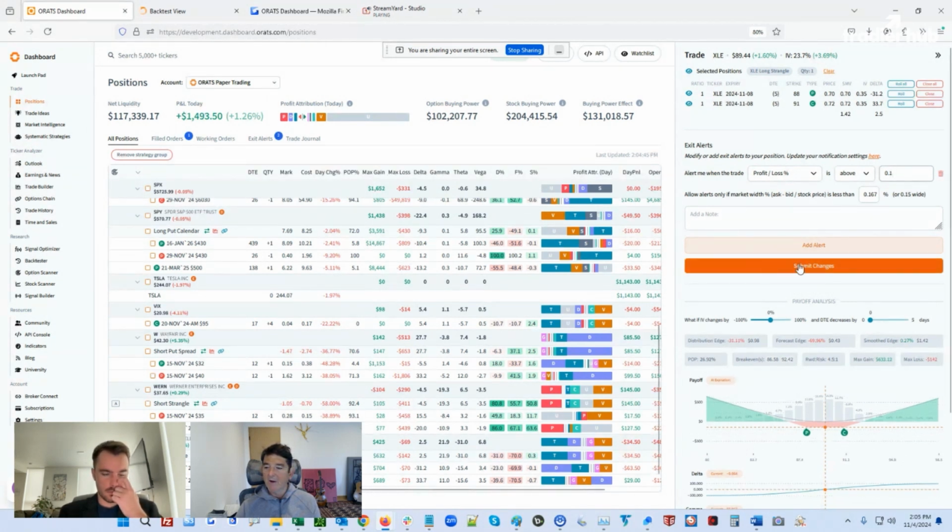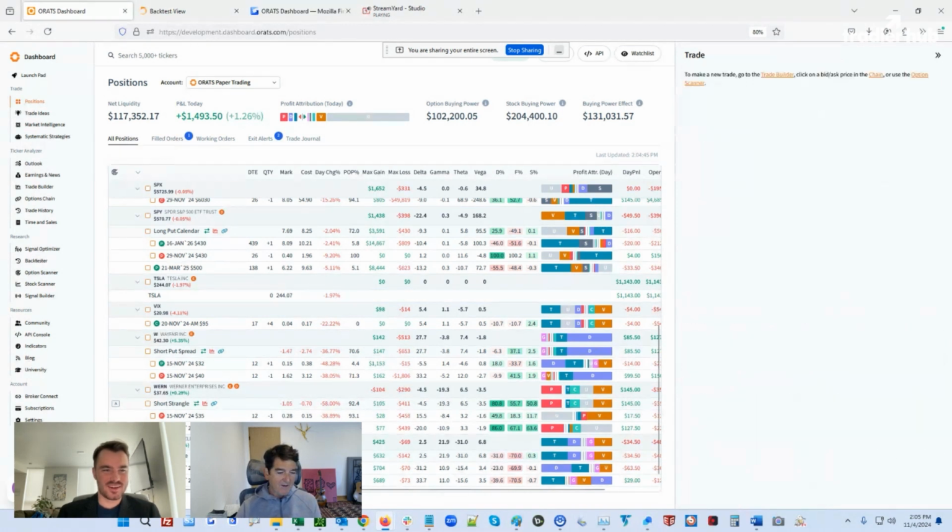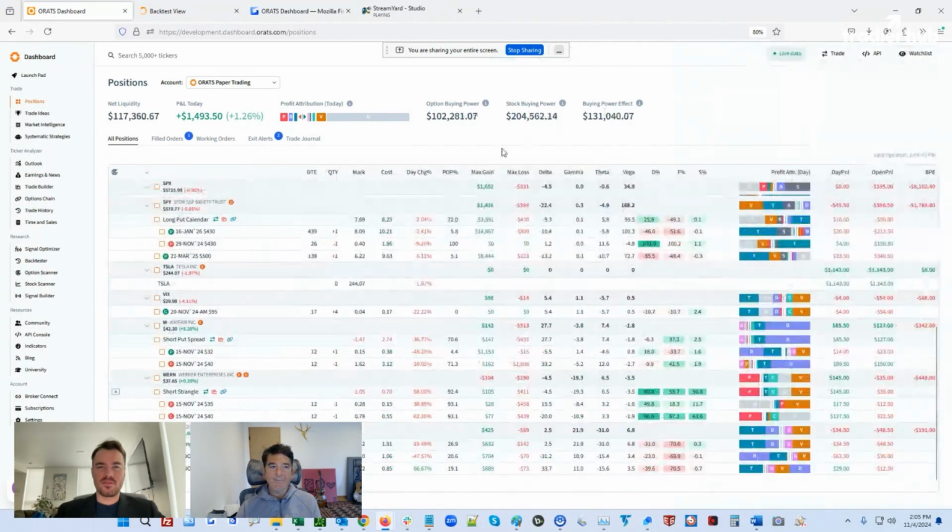So if I make a little bit on that, so this paper, the T-Hub, you can put your notes in, which is nice, and I get a text if this happens anytime this week. So hopefully we'll sell it for $2 and make a bunch of money on this trade. All right, Tyler? All right, yeah, looking forward to seeing how that long strangle holds up.